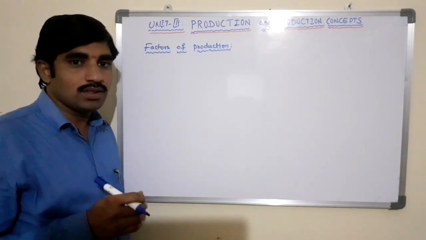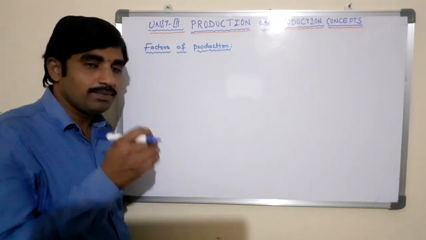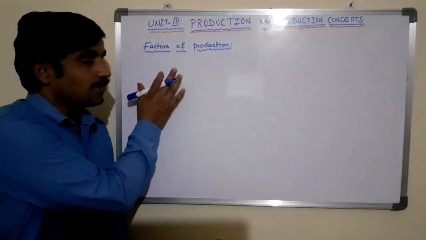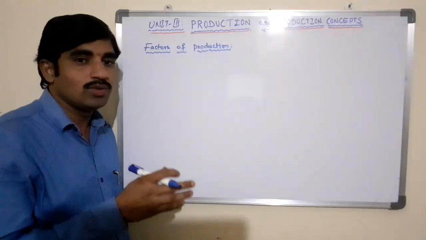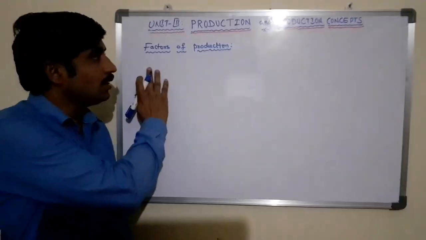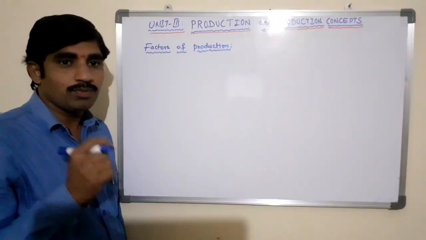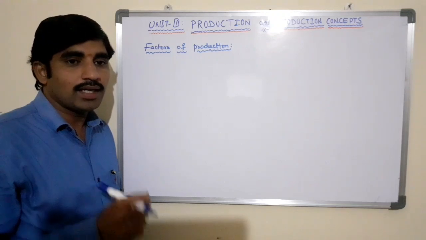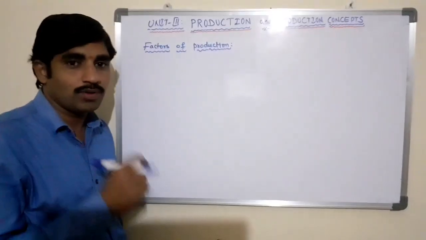When the producer expects some economic benefit from using these factors, then they can use them to produce the product. Simply, factors of production are the inputs used by the producer to produce the final product with the aim of earning an economic benefit.